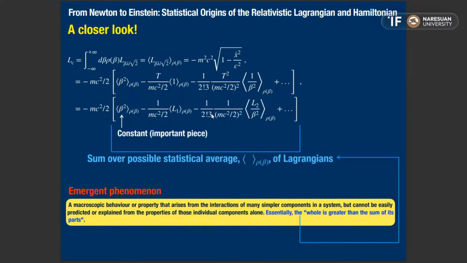We put this view on this process because we look at the average of every single Lagrangian in the hierarchy, and then you get this relativistic one here.